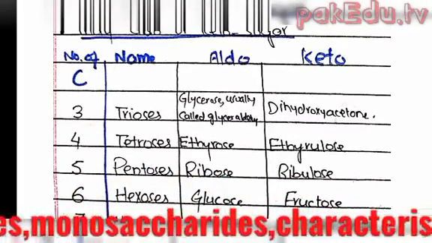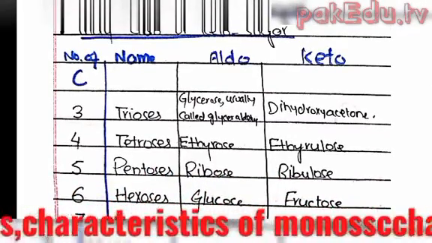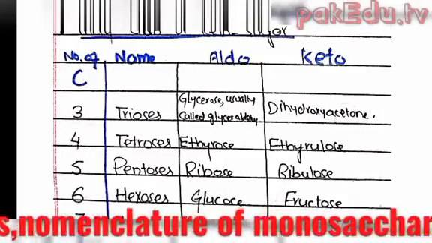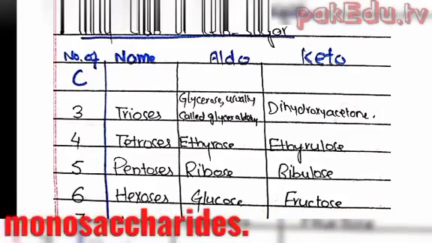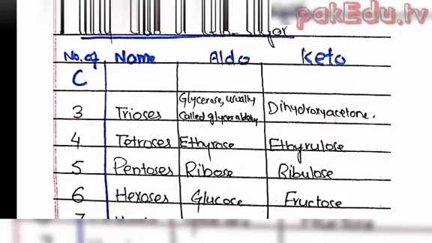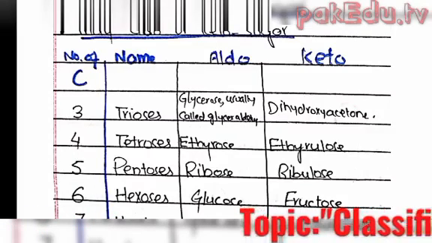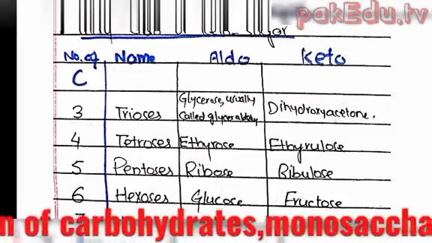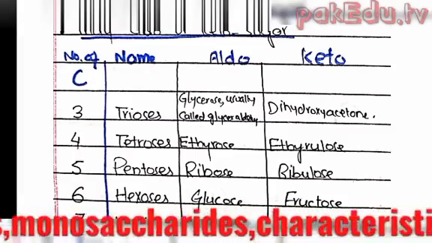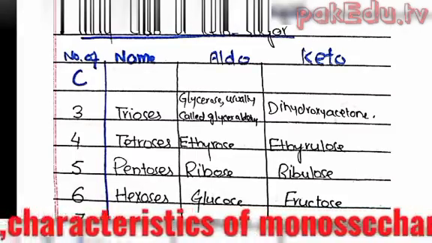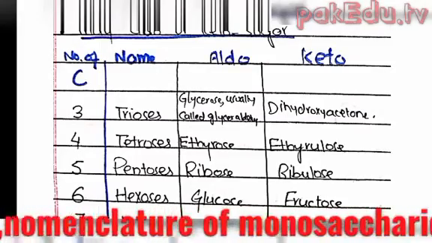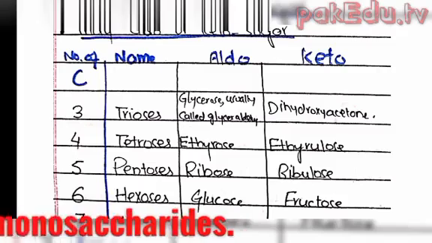For 3 carbon, the general name is trioses. In aldo form, the 3 carbon monosaccharide is glycerose, and glycerose is another name for glyceraldehyde. Glyceraldehyde is a triose. Its ketonic form, when the keto group is found in the 3 carbon monosaccharide, is called dihydroxyacetone.